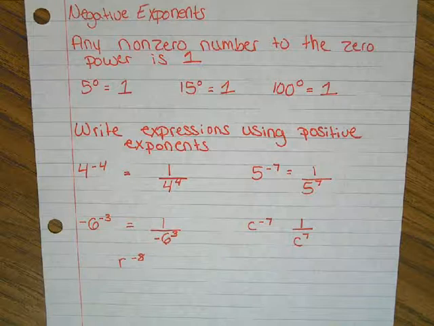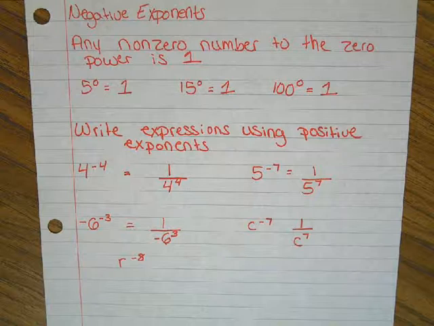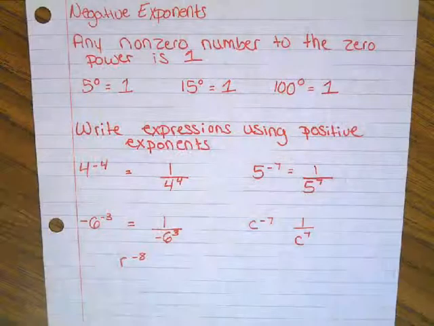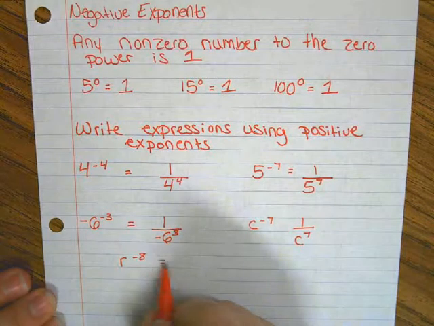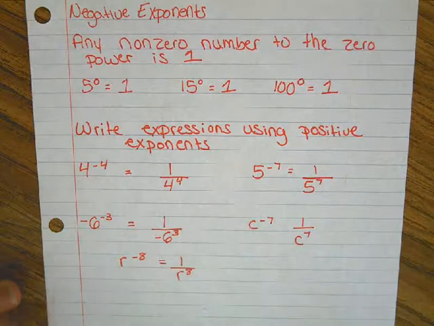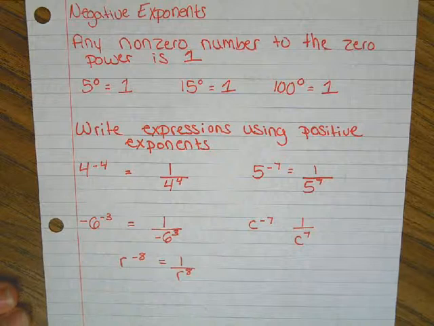What's your question? It would be 1. Good question. R to the negative 8, what is it going to be? 1 over R to the 8th. Okay? Questions on writing it with positive exponents?